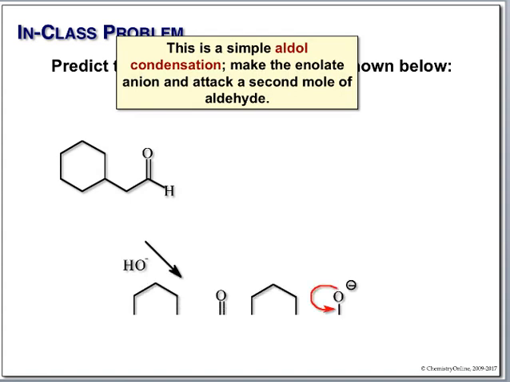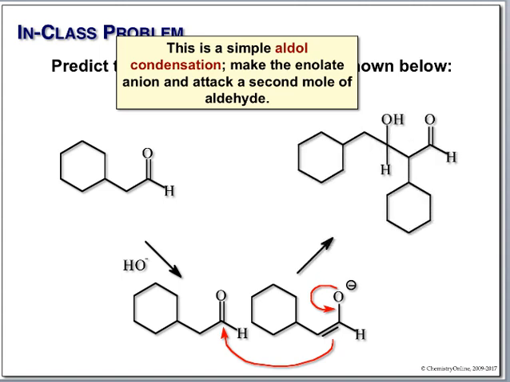Here's our enolate, and it's going to attack the carbonyl of its friend. When it does, we make a bond from here to here and make a beta hydroxyaldehyde.